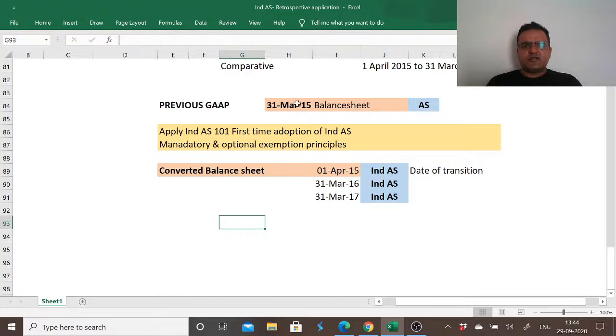We converted the entire balance sheet and presented the converted balance sheet of the beginning of the earliest period presented, 1st April 15. This is just 1 day difference, which marks the difference between AS balance sheet and Ind AS balance sheet.